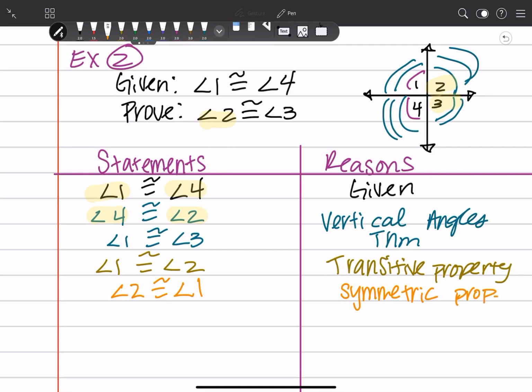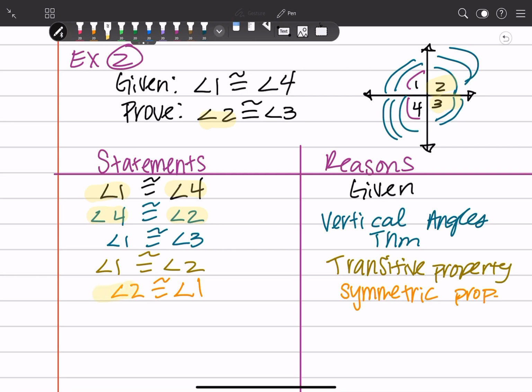All right, and now, oh my goodness, I do believe we can use our transitive property again. You can also use substitution for this. Either will work in this situation. I'm going to show you with transitive first.